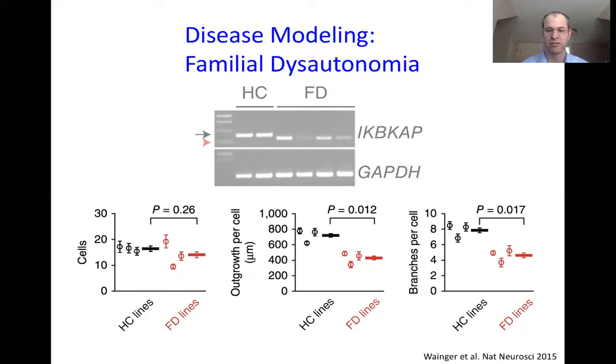This can be used for modeling different diseases like familial dysautonomia, which is a disease in which there's a progressive loss of nociceptors, and this can be captured using this stem cell-based modeling technique, in which neurons made from the familial dysautonomia patients can show decreased outgrowth and decreased branching of their neurites.